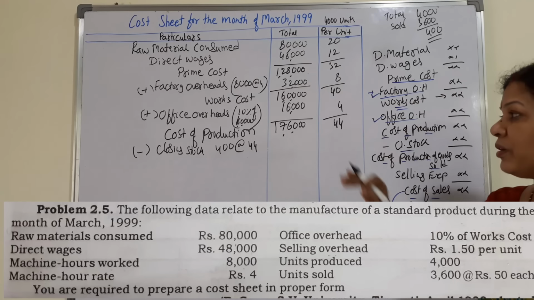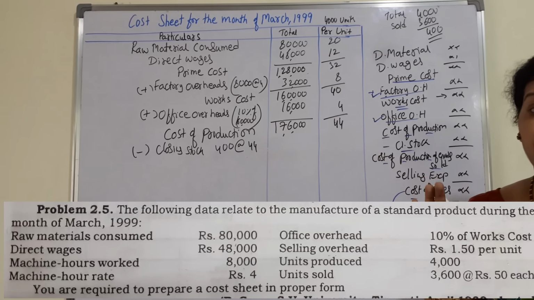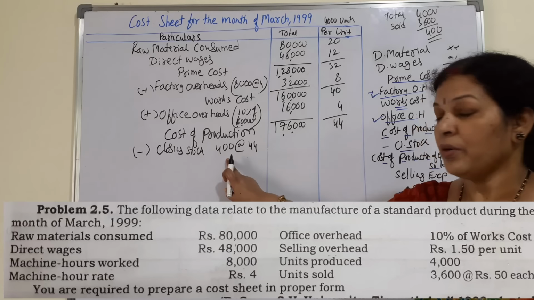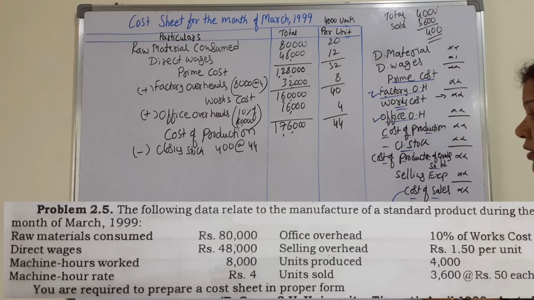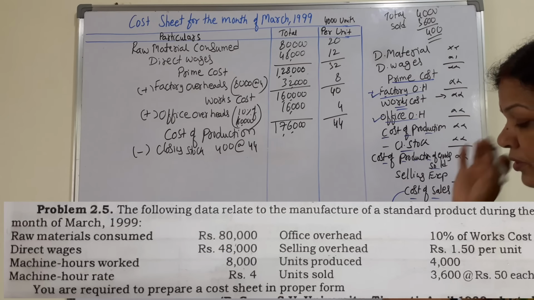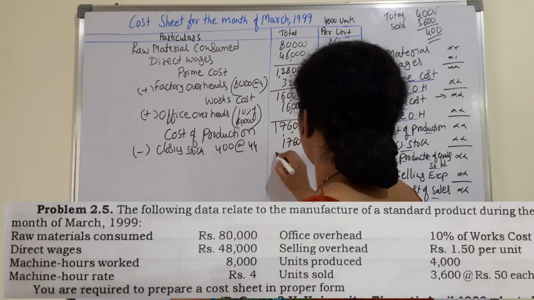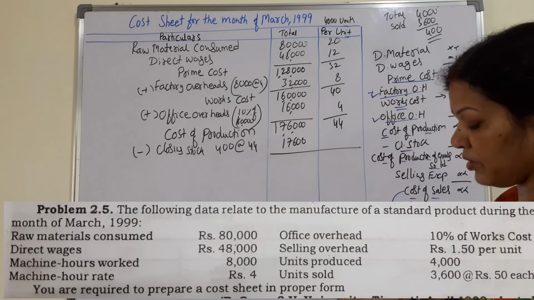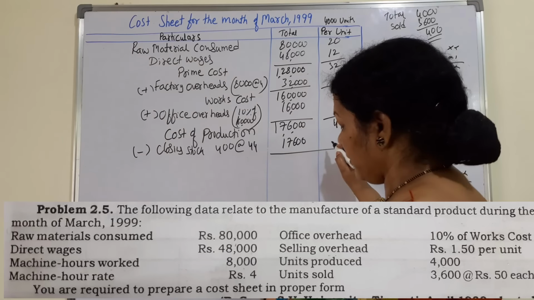Always remember, closing stock at this level, whatever may be per unit, that you are going to calculate for the closing stock. 400 into 44 comes to 17,600. Anyway, this 17,600 divided by 4,000 will be 4.4.